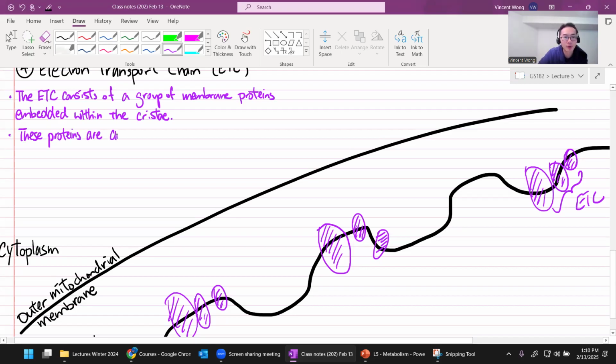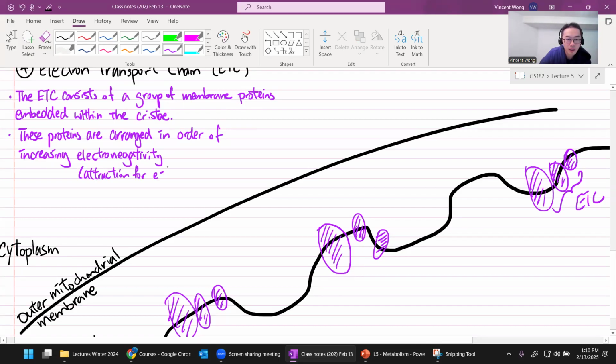These proteins are arranged in order of increasing electronegativity. Electronegativity is basically attraction for electron. Just copy it down first. I'll explain more in a bit.